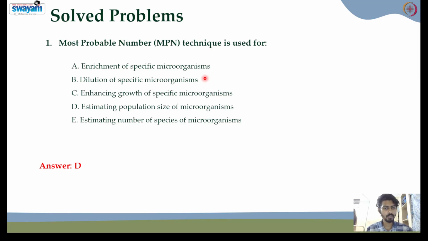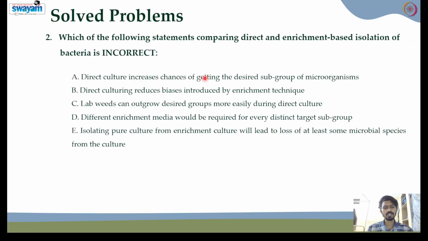So we will move on to the next question, which is: which of the following statements comparing the direct and enrichment based isolation of bacteria is incorrect? Option A, direct culture increases the chance of getting the desired subgroup of microorganism. Option B, direct culturing reduces the bias introduced by the enrichment technique.